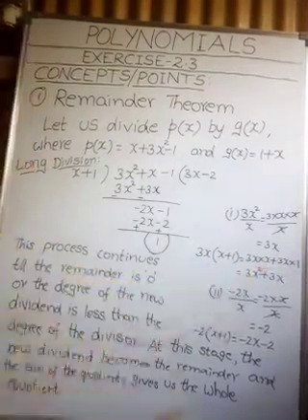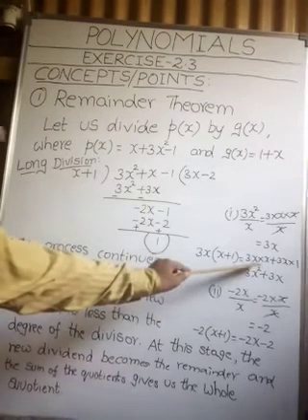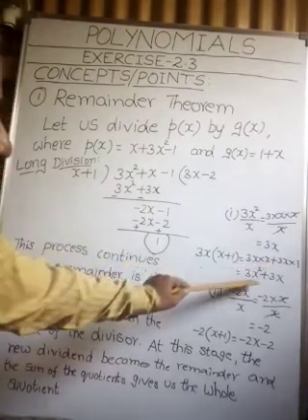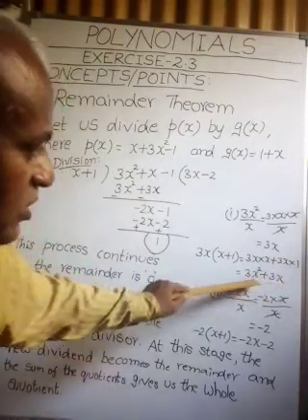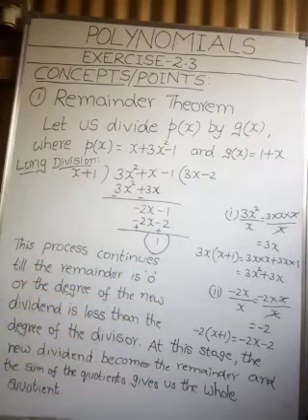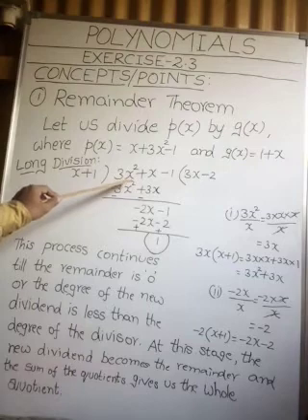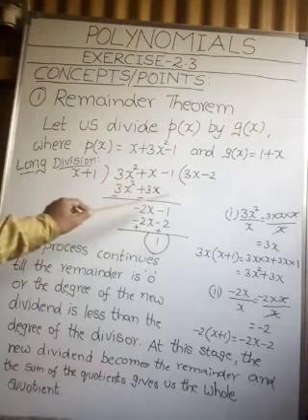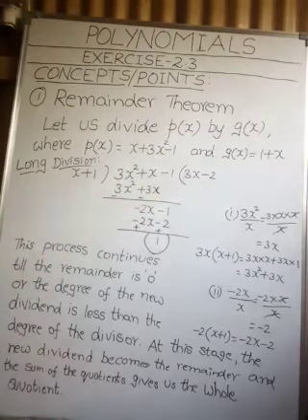This is called distributive property. So 3x into x, what will you get here? 3x² plus 3x into 1, 3x. This is the product of these two algebraic expressions. Now we write this product here in the second line: 3x² + 3x.